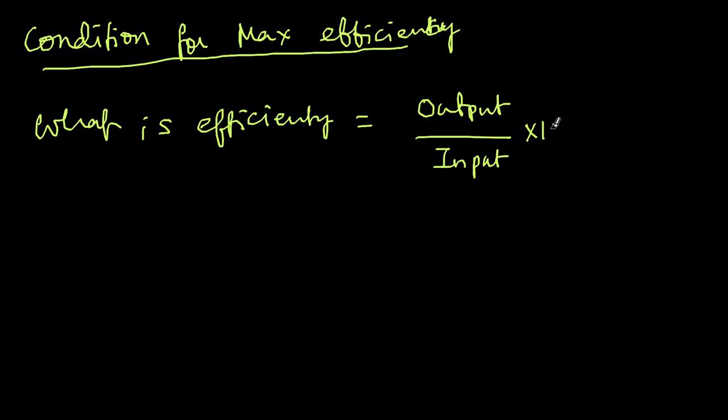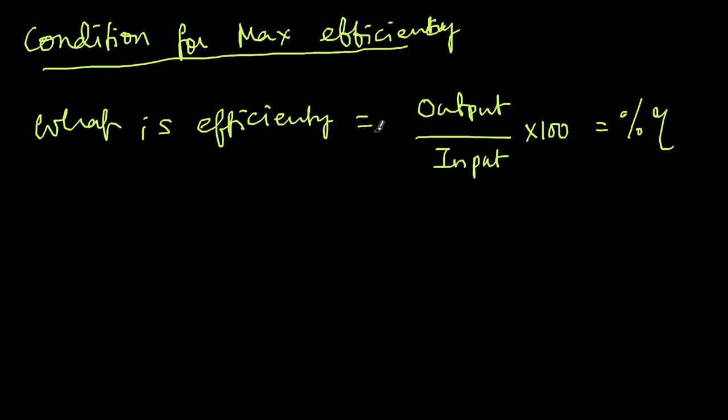If you multiply it by 100, you get the percentage efficiency. Otherwise, you get it as a fraction. Now, it is usually impractical for transformers to calculate efficiency directly, because output and input are almost equal to each other, since the losses in the transformer are quite less. Therefore, we first measure losses separately.